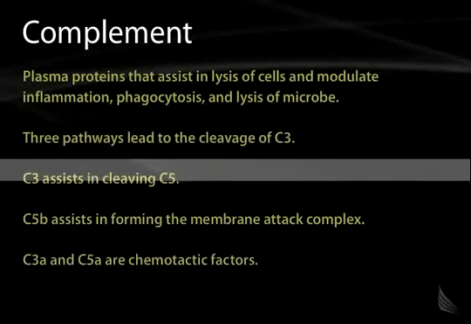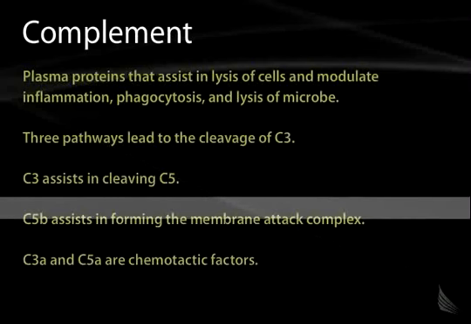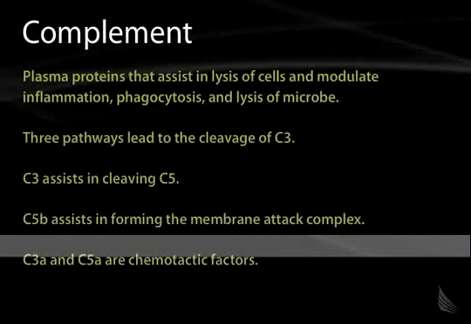C3 then cleaves another protein called C5, and then that activated C5 leads to the formation of a membrane attack complex, which puts a pore in the membrane of the offending bacteria and leads to its cell death. In addition to that, some of these cleavage products, C3a and C5a, are referred to as anaphylatoxins because they're chemotactic factors which lead to the influx of inflammatory cells and other inflammatory mediators into the site of injury.